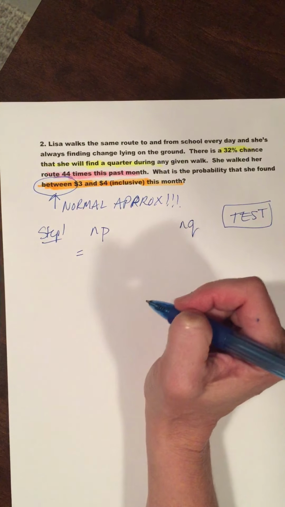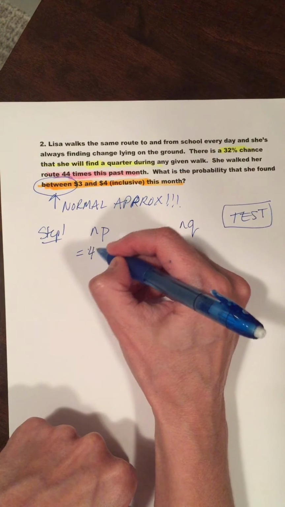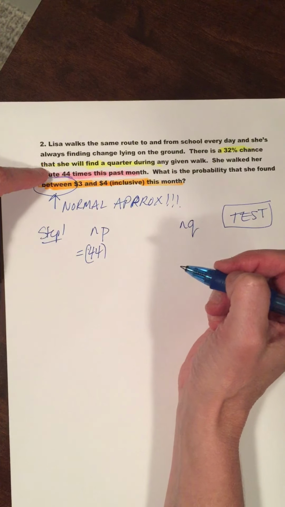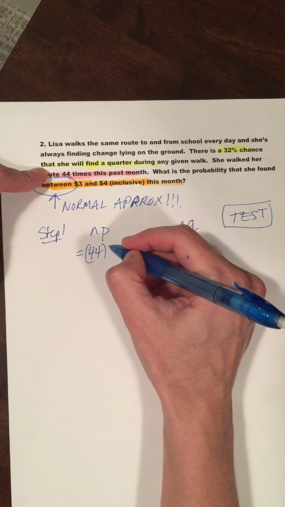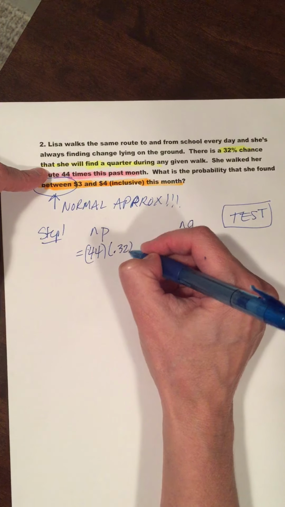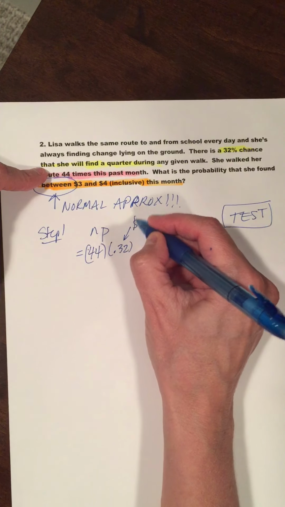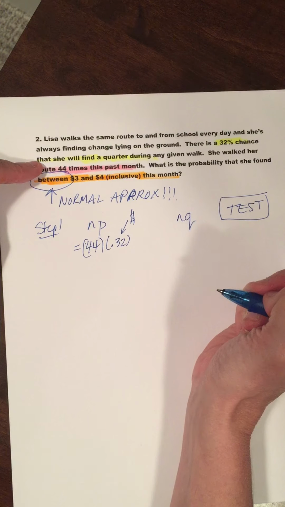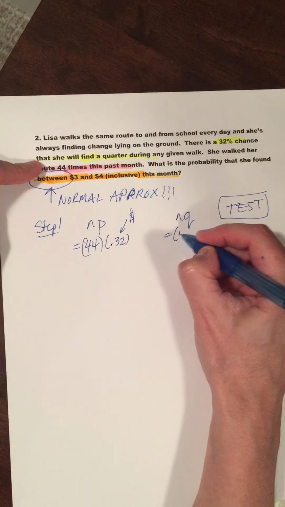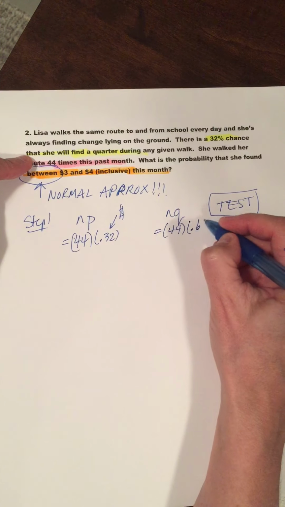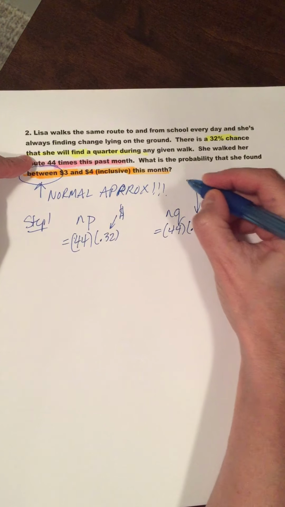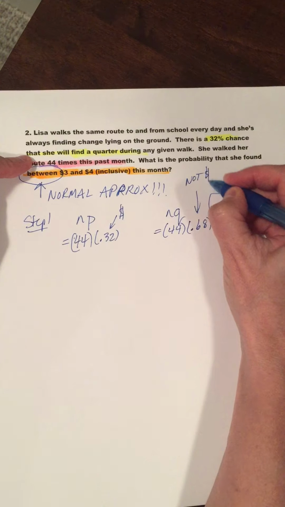Well, N is 44. She walks her route 44 times. Probability of success is her finding some money. Probability of failure is her not finding any money.